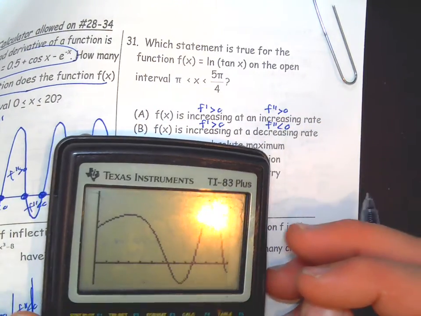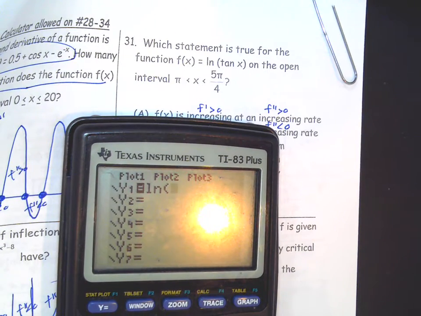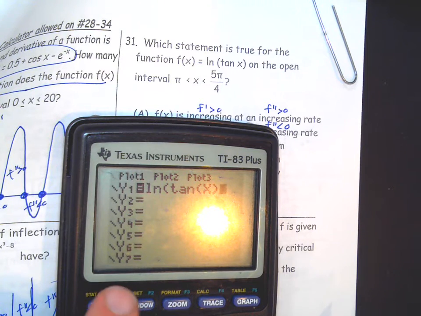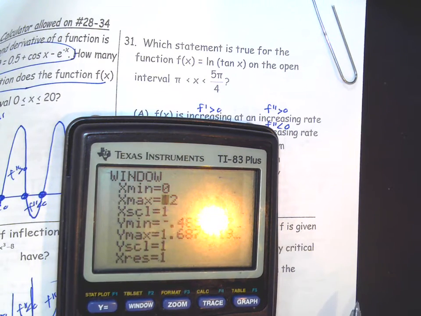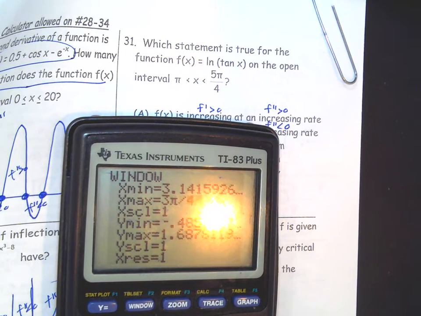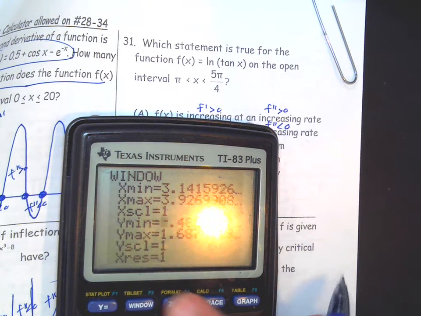Let's try and graph this. So natural log of tangent x, window is pi to, no, 5 pi over 4. And then we could do zoom fit.